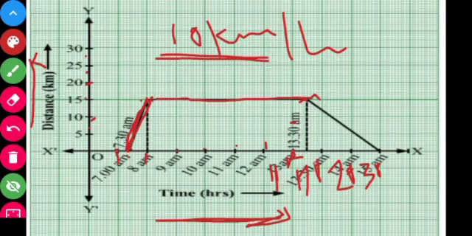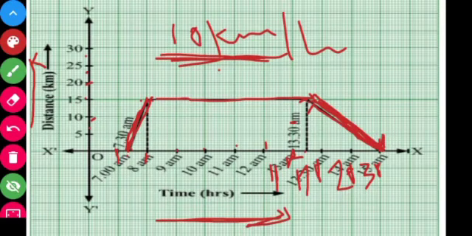So the time taken by the rickshaw to cover 15 km will be 1.5 hours. From here you will draw a straight line up to 3 p.m., because if she started from 1:30, then she will reach home at 3 p.m.